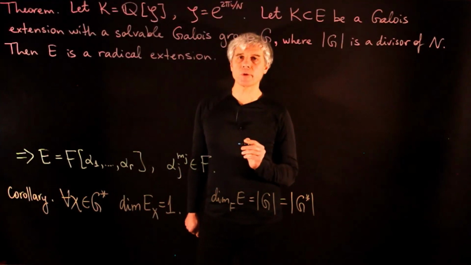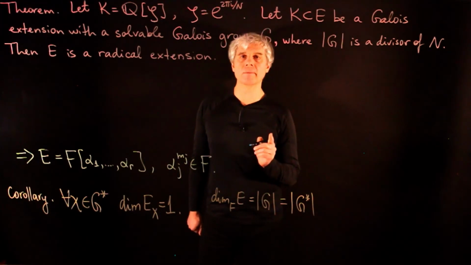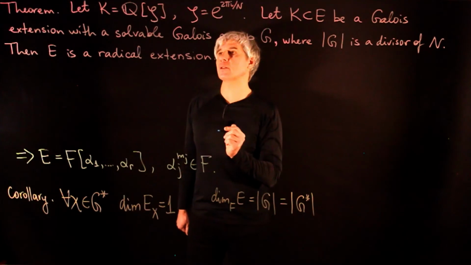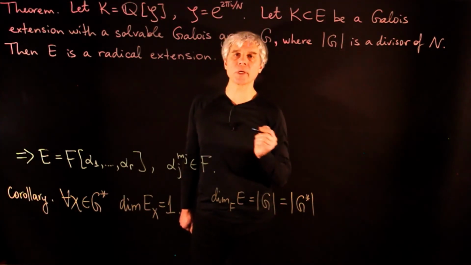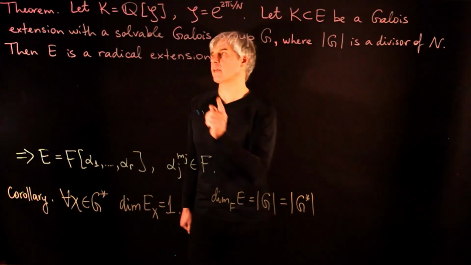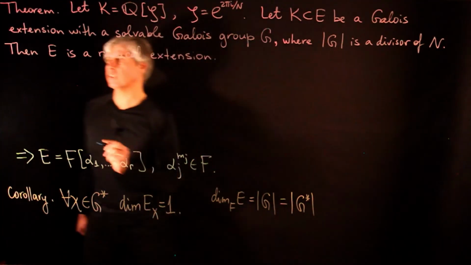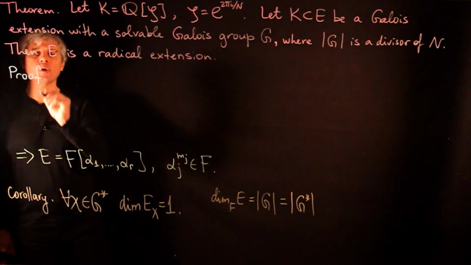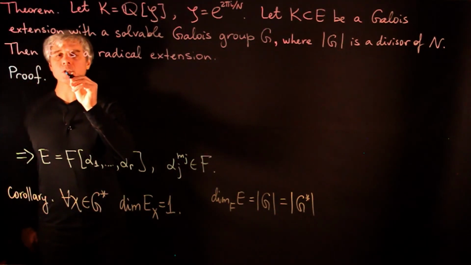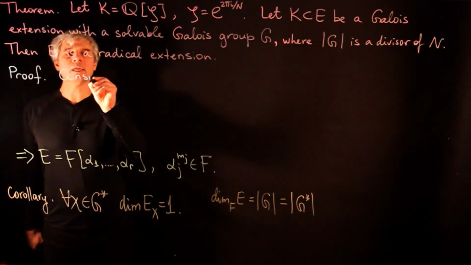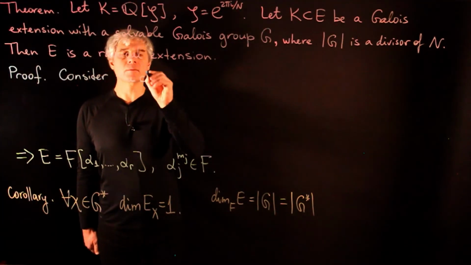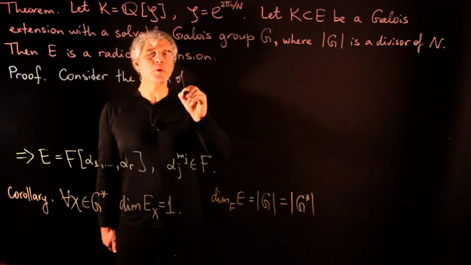Now let us return to the proof of our main theorem. So here we have a Galois extension of a cyclotomic field with a solvable Galois group. And we need to prove that this extension is a radical extension. So here let us consider the Galois group. And since this group is solvable, we take the chain of commutator subgroups.